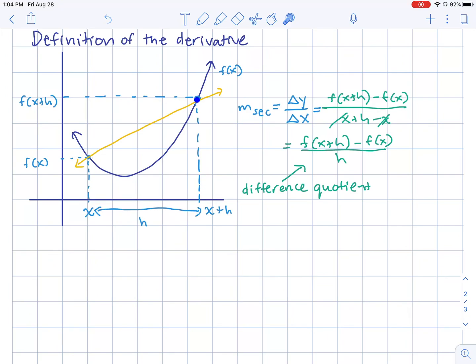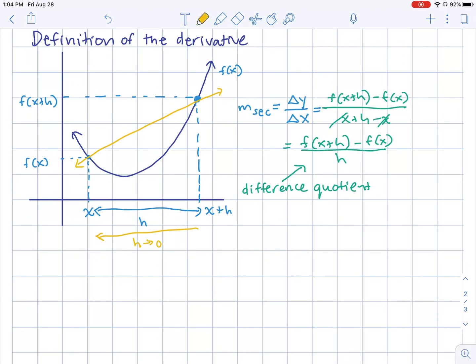So again, take this point and close in that distance so that it gets closer and closer to this point here. That's where we introduce a limit. And this distance that I'm closing in on is actually this distance here. So if I allow this distance to close in and for h to get really, really small, I'm letting h go to 0.